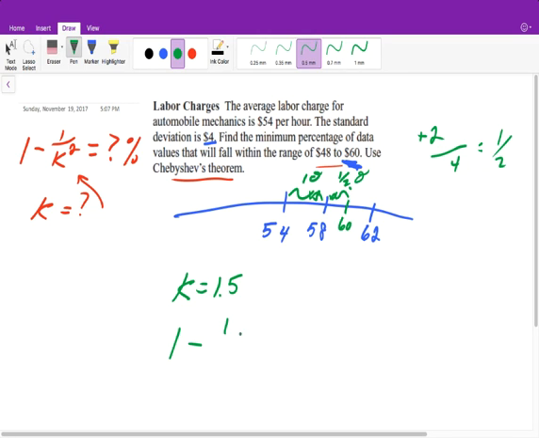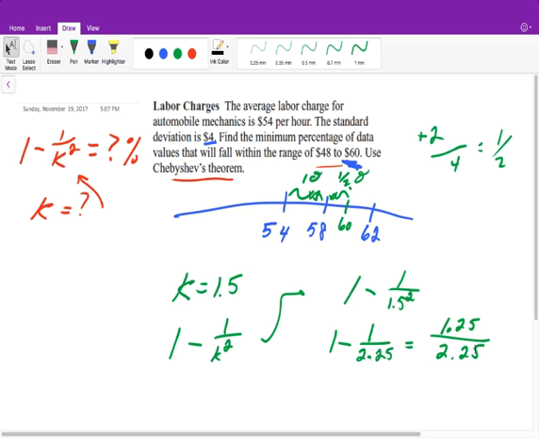So 1 minus 1 over k squared. So then this will become 1 minus 1 over 1.5 squared, 1 minus 1 over 2.25. This will then be equal to 1.25 over 2.25, but we want it as a percentage, so we will just divide them, and that will give me 0.55 repeating.